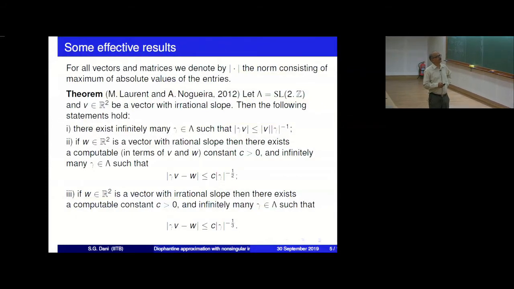This is about SL2Z, and look at a vector V which has irrational slope, which equivalently means it's not a multiple of a rational vector. Then the following statements hold. There exist infinitely many gamma in gamma such that the norm of gamma V is at most the norm of V times the norm of gamma inverse.